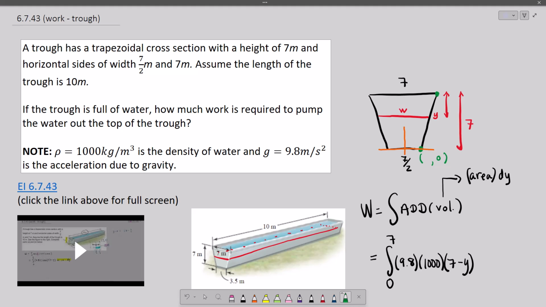If we take 7 over 2 and divide it by 2, we multiply by 1/2. We're going to get 7 over 4. And then how about the point up here at the top? 7/2. We're going to take that longer base, divide it by 2, get 7/2, and then the height we're told is 7. So that's going to be the upper point.